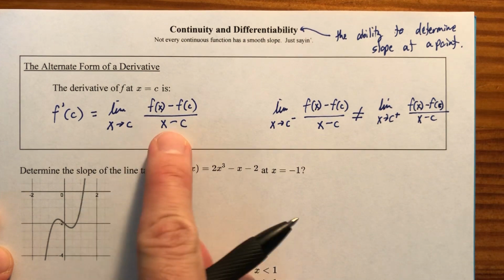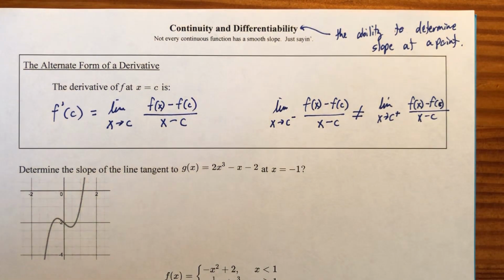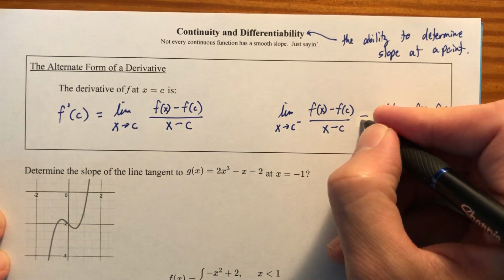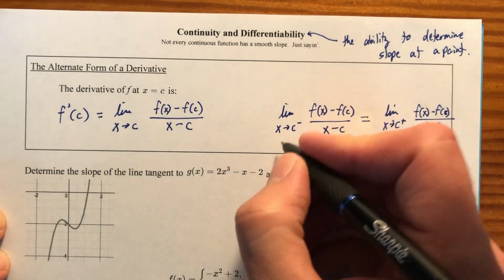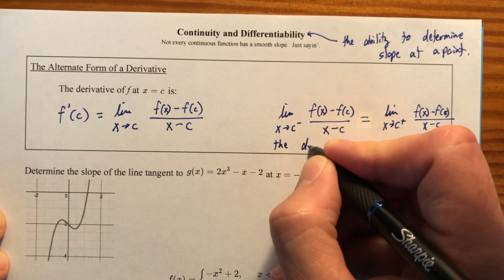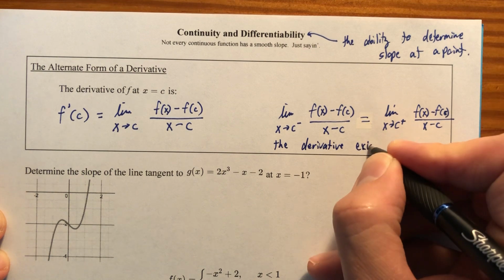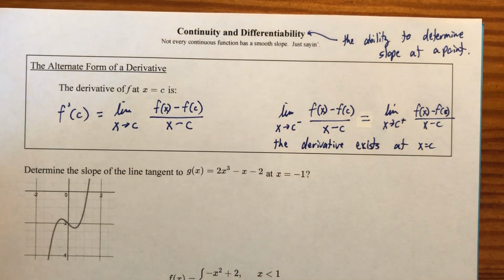If this is going to exist, then this has to be true. Oops, I wrote does not equal. I meant to write equals. If this is true, then the derivative exists at x equals c. Okay?